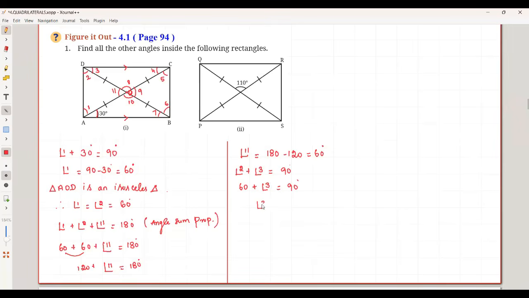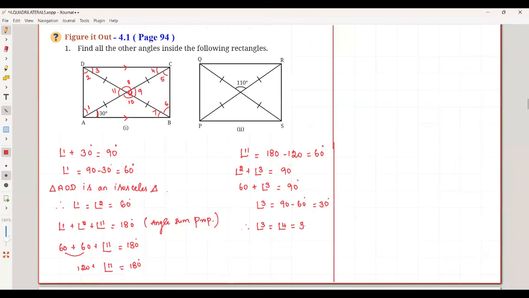Therefore angle 3 is equal to 90 minus 60, which is 30 degrees. Angle 3 is 30 degrees. If angle 3 is 30, angle 4 will also be equal. Therefore, angle 3 is equal to angle 4, which is equal to 30 degrees.